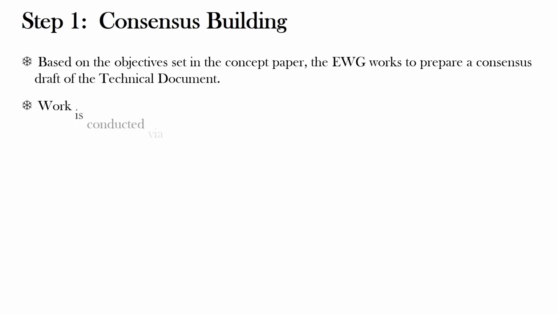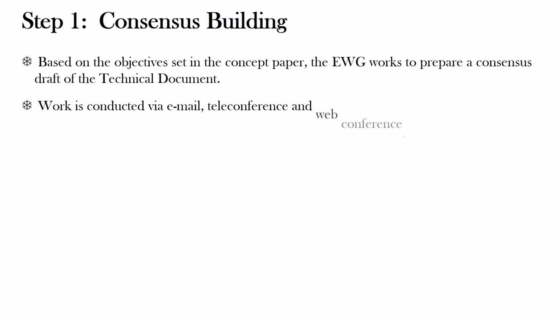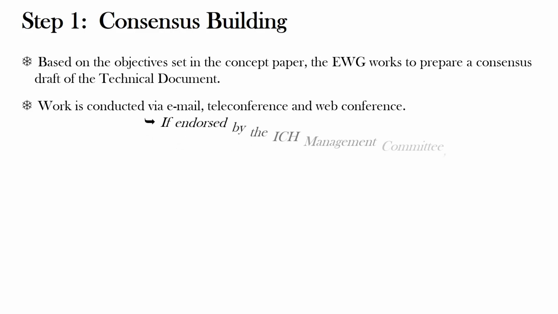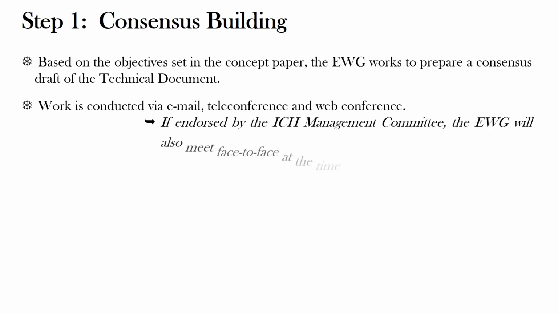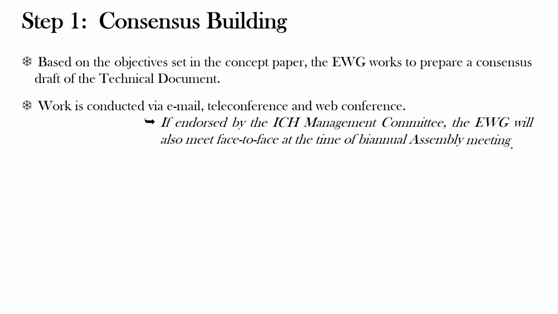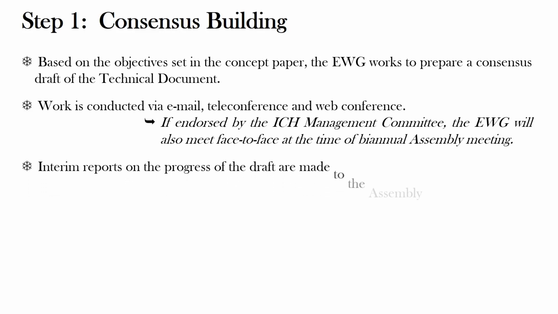Work is conducted via email, teleconference, and web conference, and if endorsed by the ICH Management Committee, the expert working group will also meet face to face at the time of biannual assembly meeting. The interim report on the progress of the draft are made to the assembly on regular basis.